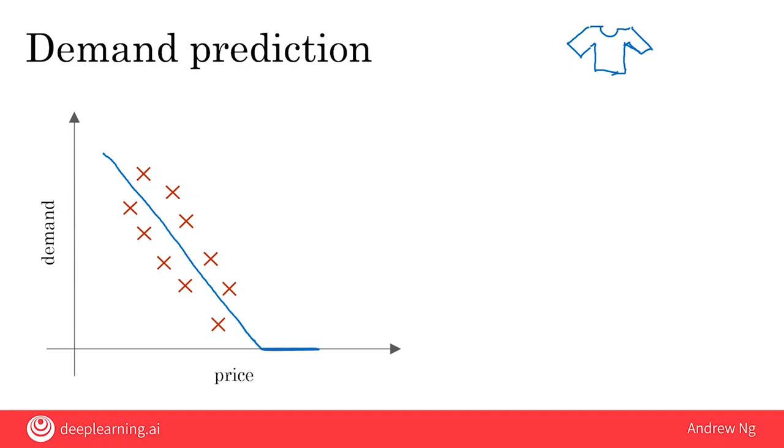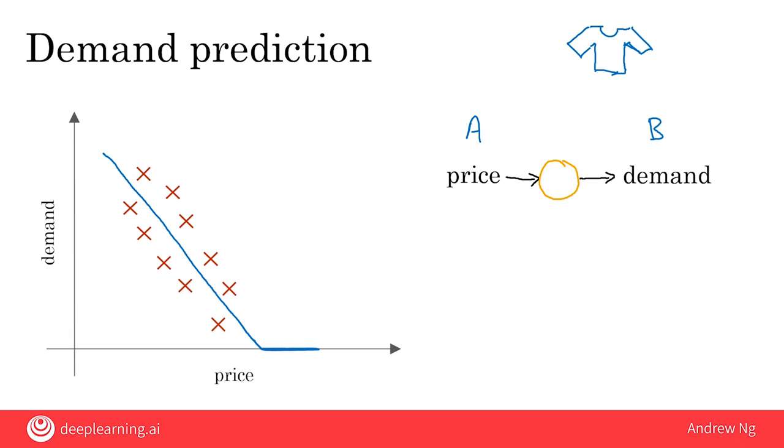It turns out this blue line is maybe the simplest possible neural network. You have as input the price, A, and you want it to output the estimated demand, B. So the way you would draw this as a neural network is that the price would be input to this little round thing there, and this little round thing outputs the estimated demand.